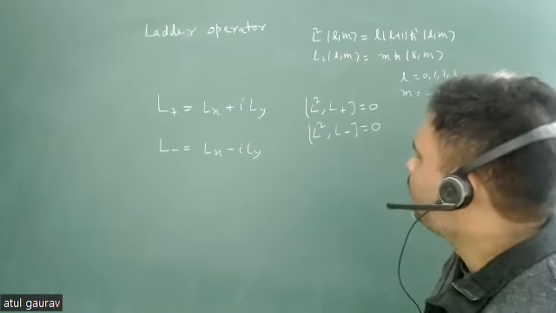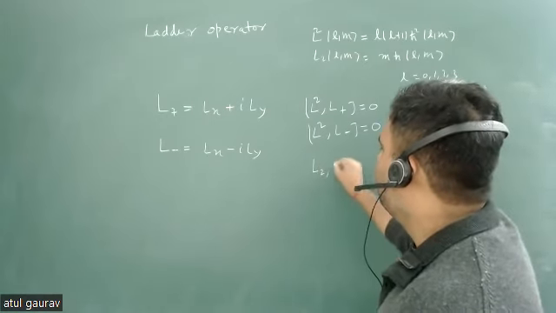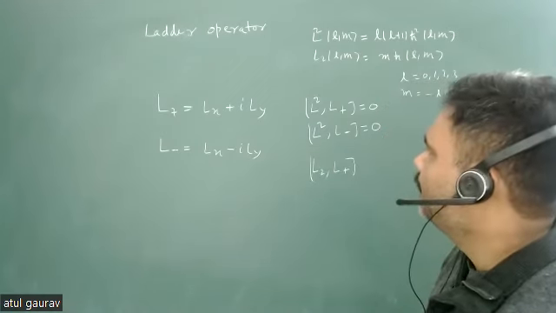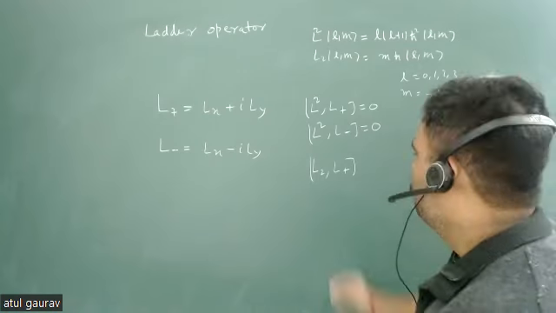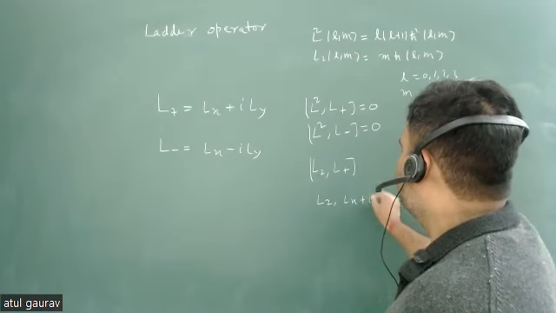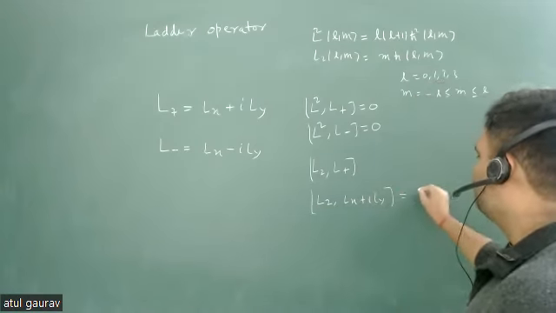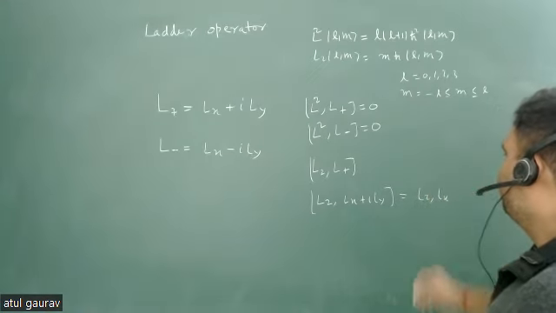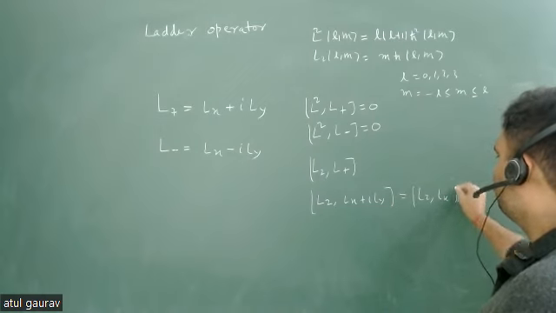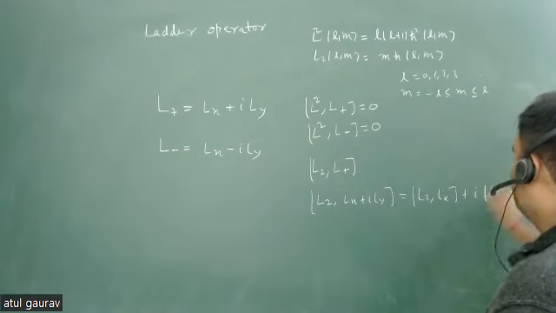Now, let's see what is going to happen to the commutator of Lz and L plus. We have Lz with Lx plus i Ly, which gives the commutator [Lz, Lx] plus i [Lz, Ly].